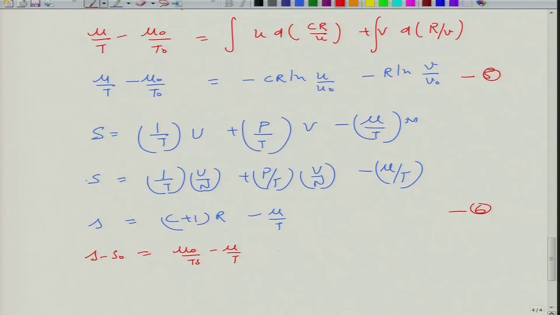And if you look at equation 5, this is nothing but C r ln(u/u0) plus r ln(v/v0). So, that is basically the fundamental equation for the ideal gas system, which we have just described for the simple one. Okay.